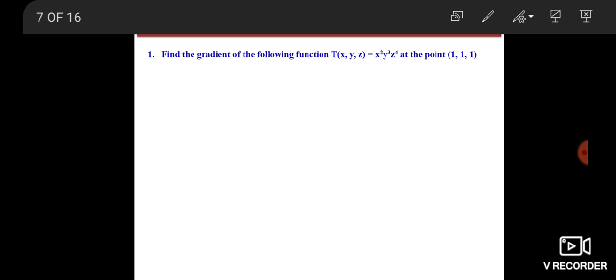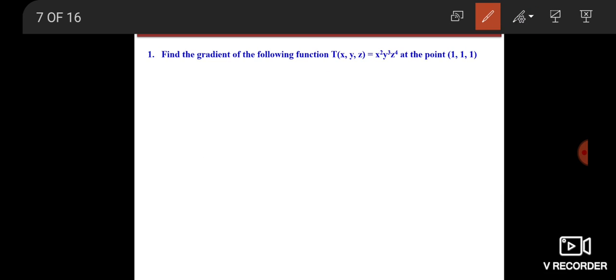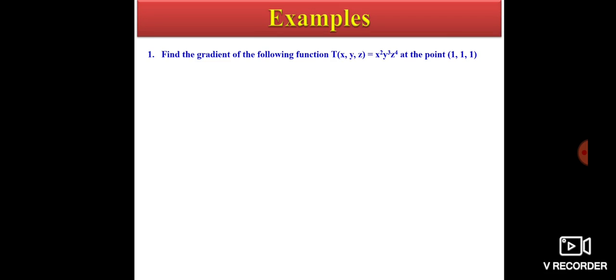That means we want to know along which direction this scalar function has a maximum change. That means we want to find out the gradient of this scalar function. So let's see how to solve this problem.